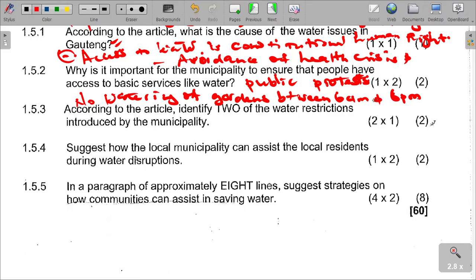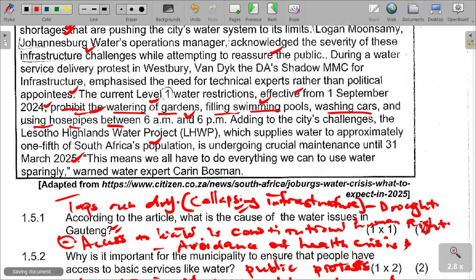We talk about no car washing with hosepipes. It is stated in there. What else is there?